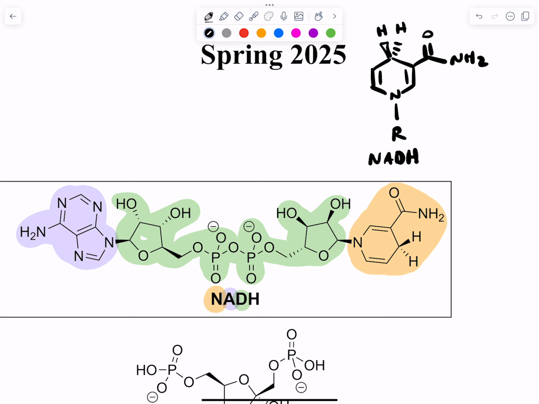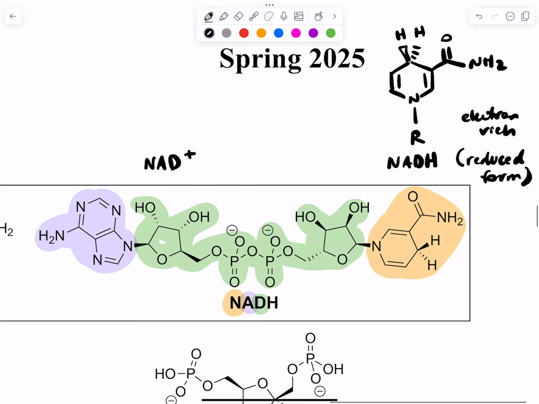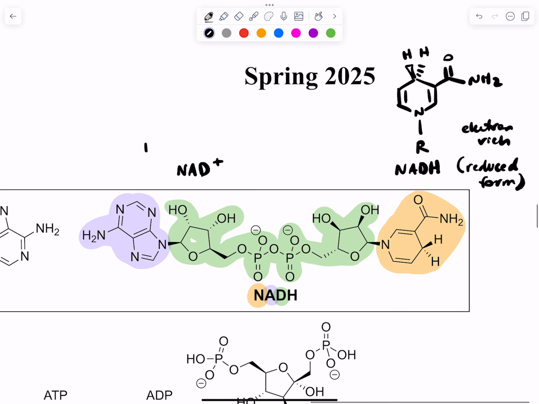And it's important that you know that NADH is in its reduced form, and it is electron rich. NADH has an oxidized form called NAD+, and we'll just use an R group for NAD+. It'll look like this.